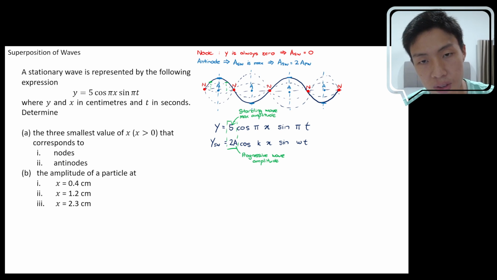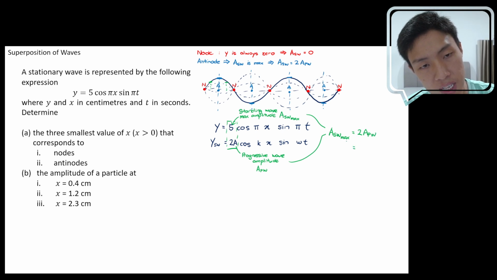So we can see that the relationship here is, A for standing wave maximum is equal to, this A here is A_PW. That's why, seeing these two things, we can see that A standing wave maximum is equal to 2 times the amplitude of the progressive wave.